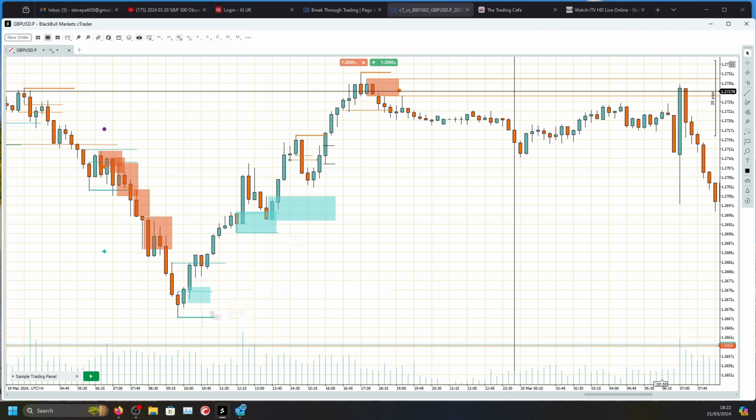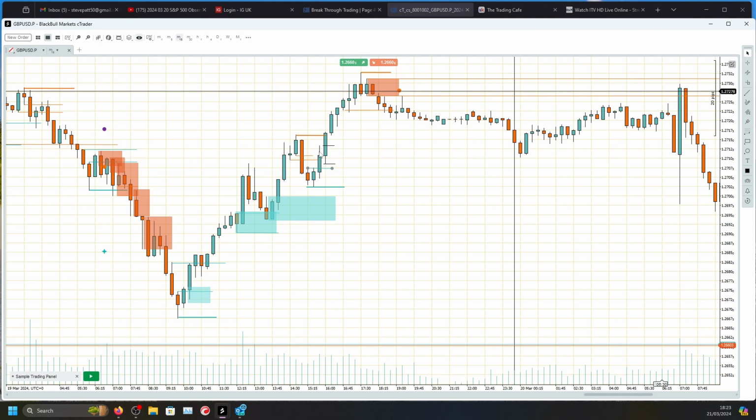Well, the answer to that is, see, by the time price got back up to test this level, it's failed to make new lows and is breaking through structure here.